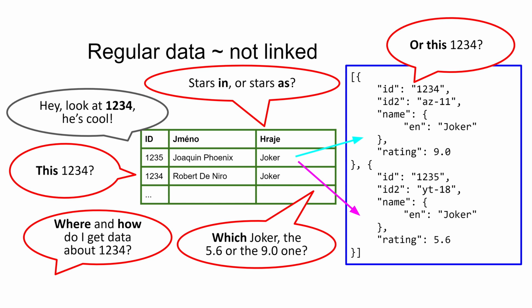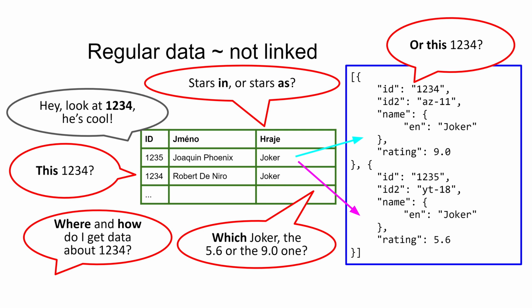However, because there are no unique identifiers, again, we don't know which movie it is that actor number 1235, for instance, links to. And there is a huge difference because one of the movies has a rating of 9.0 and one has 5.6, which is, of course, a huge difference.